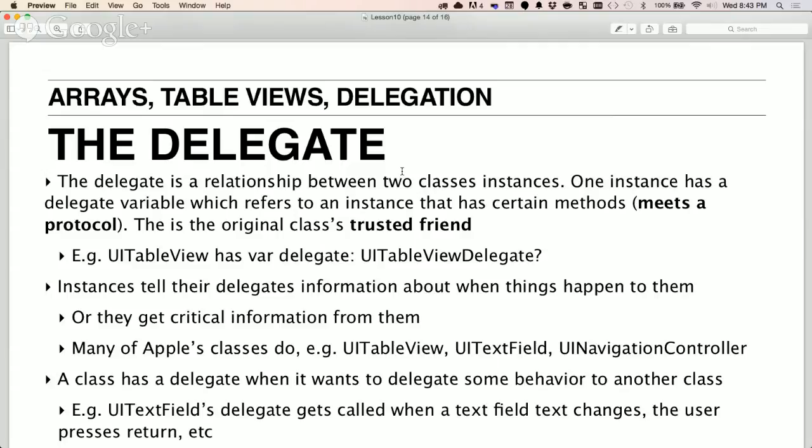So far, so good. Let's give these names. I'll call this first view controller, first VC, and this one second VC. I'll also add a button on this one, which says change label.